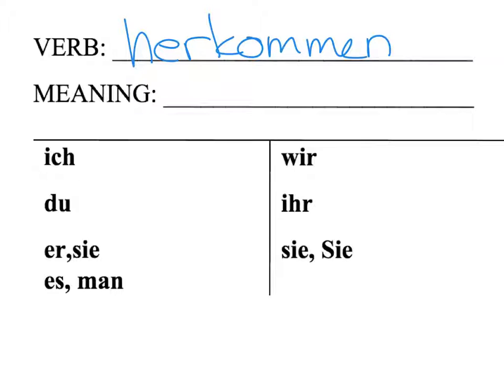What does woher mean? Where from? What does woher kommst du mean? Where do you come from? Her is the from. Light bulbs. Okay, so it means to come from.